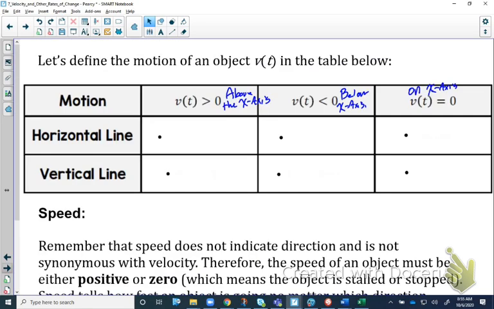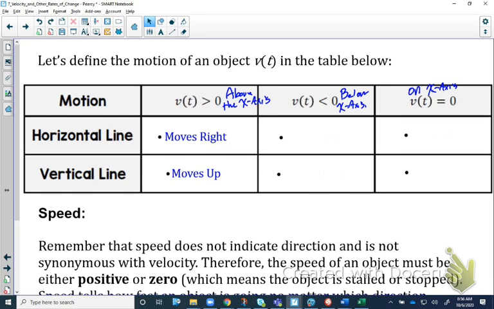Here, how do we define the motion of an object? So if the velocity is greater than 0, that means we're moving above the x-axis. If the velocity is less than 0, we're going to be below the x-axis. Or if the velocity is 0, we are on the x-axis. So how does that look for horizontal and vertical motions? Well, if you're above the x-axis, that means you're moving right, and if you're above the vertical line, it means you're moving up.